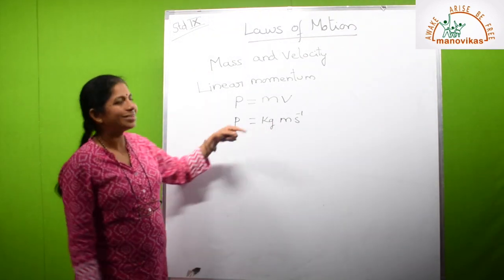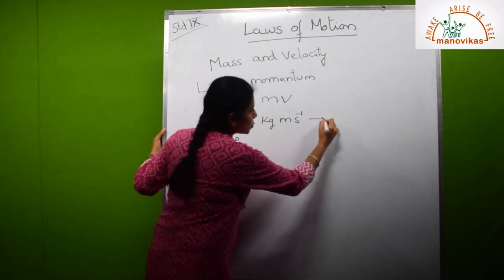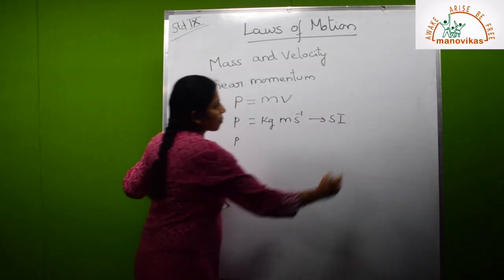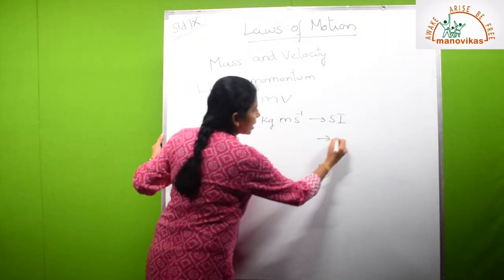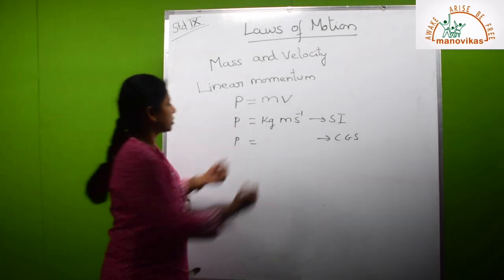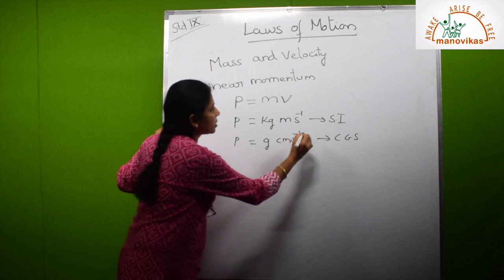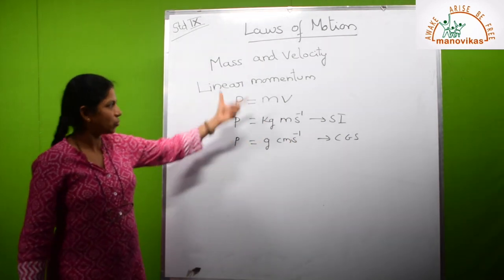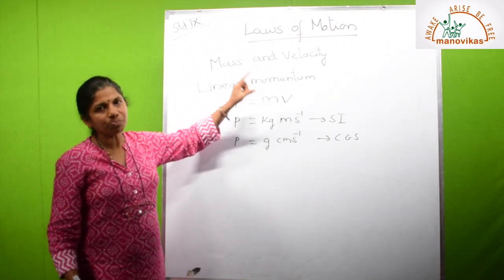And in the CGS form it will be gram centimeter per second. So this was about linear momentum, that p is equal to mv.